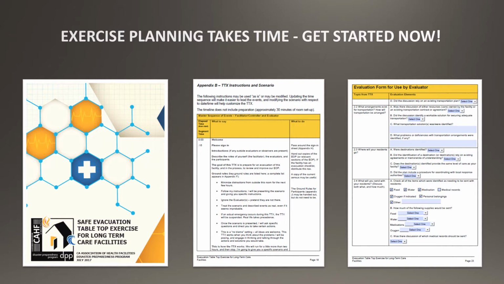But all of the elements that we talked about before apply: you need to make sure it is testing your plan. So when you go to a tabletop exercise put on by the county, you want to make sure that you're testing your own plan, not somebody else's plan, and that you capture all of the elements in an after-action report and improvement plan based on what you learned from your own plan.